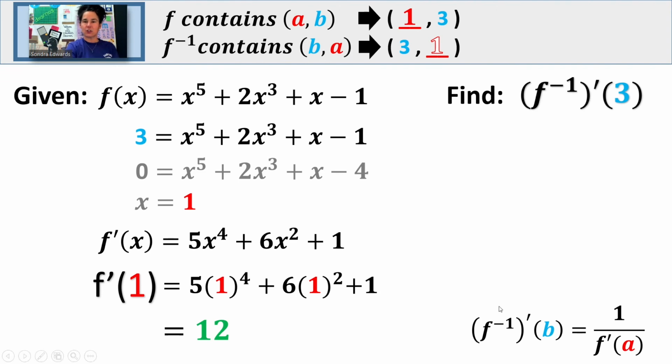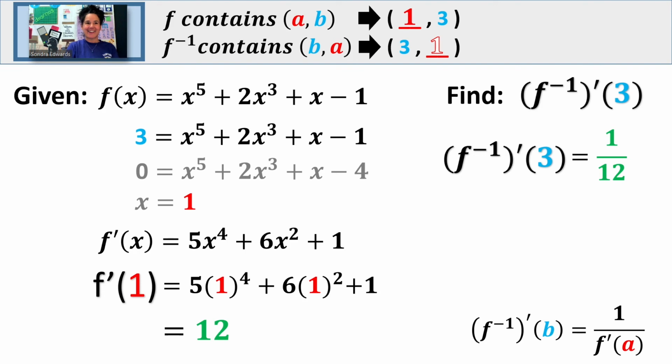But the answer to f inverse's derivative at b is the reciprocal of f prime of a. So what's the reciprocal of f prime of 1? The reciprocal of 12 is 1/12.